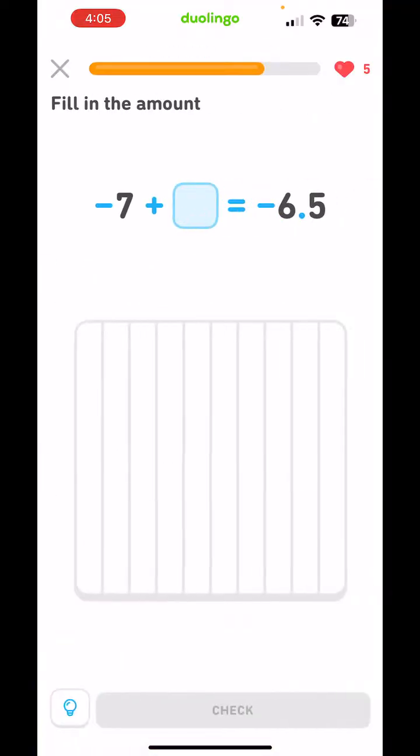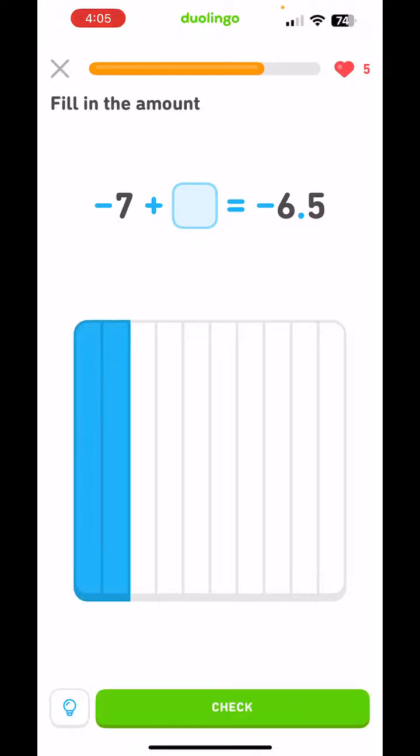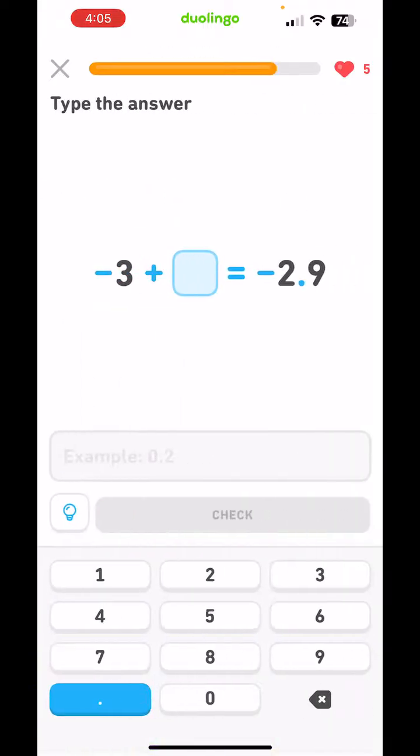All right. Okay. So negative 7 plus x equals negative 6.5. This would be positive 0.5. And then, okay, so we have negative 3 plus x equals negative 2.9. So this would be 0.1, right?